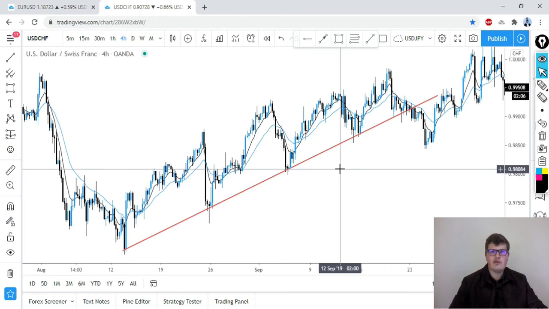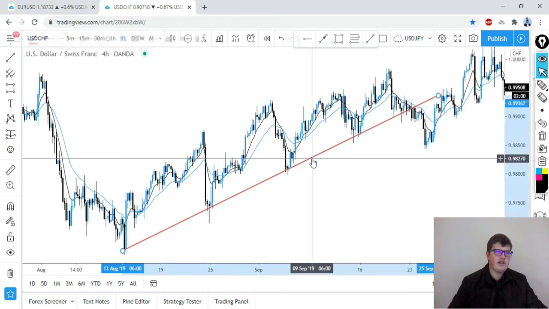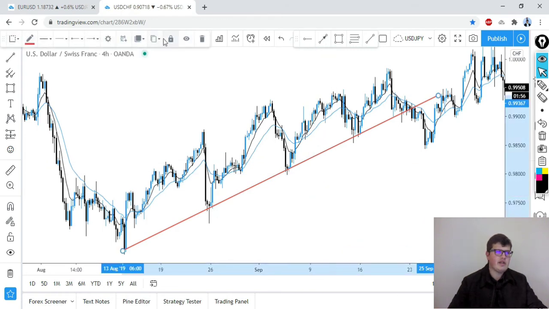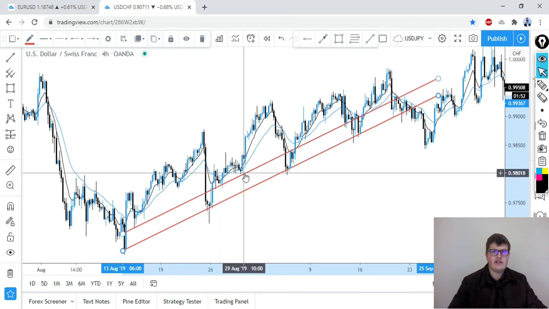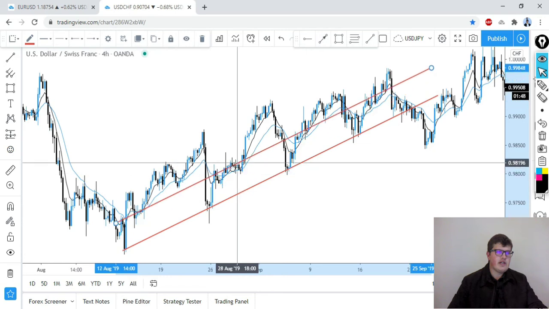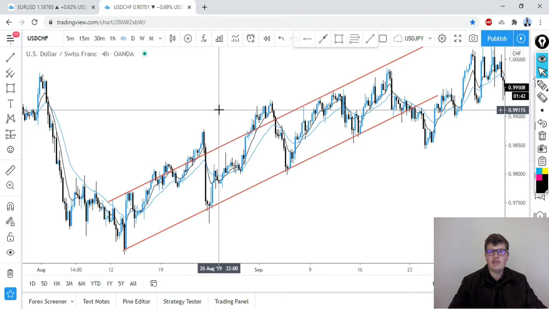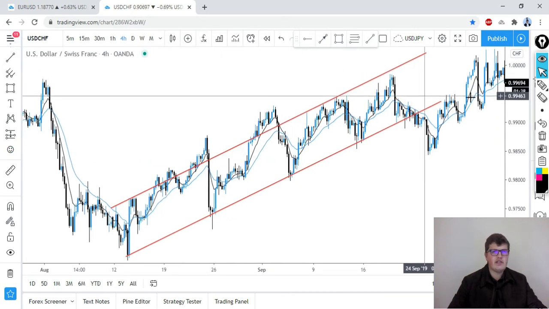How you go about drawing channels is so simple. You just take the trend line of the specific trend move like this, you make a copy, and in this example, for an uptrend, you take a copy of the trend line and you connect at least 2 of the peaks at the top to create a bullish channel.